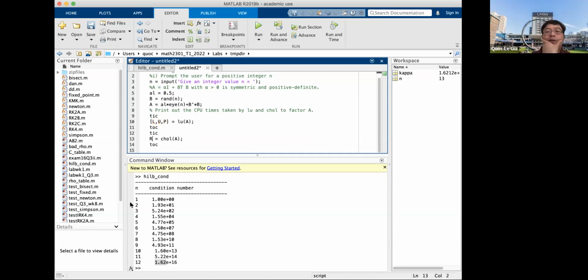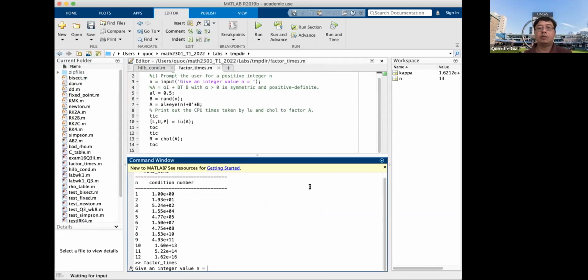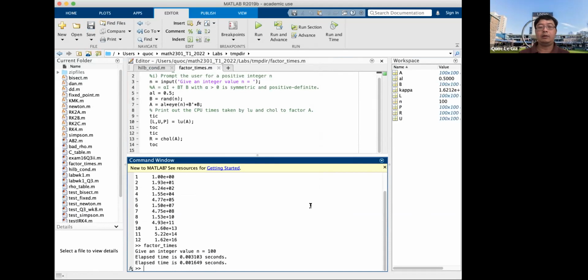Strictly speaking, I think you can give output P as well, but you can give R as an output like this, and if you run it, we label it as factor times.